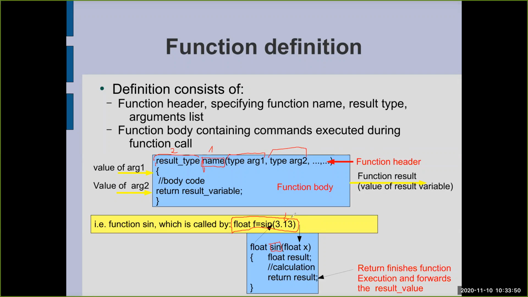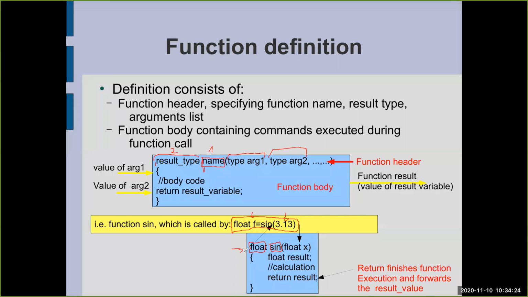And what's more, there is only a single argument here, so we have only one input argument. And what is the result of the function? If the result can be assigned to variable f, it means that the type of the function will be, for example, float, double, or so on. So this is the first element we have to create.